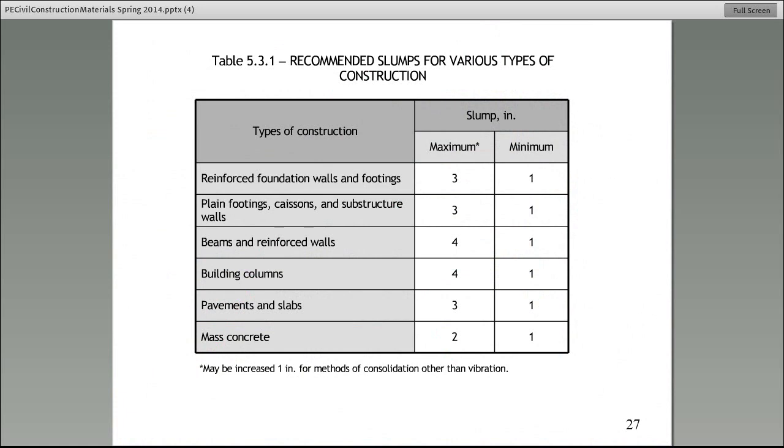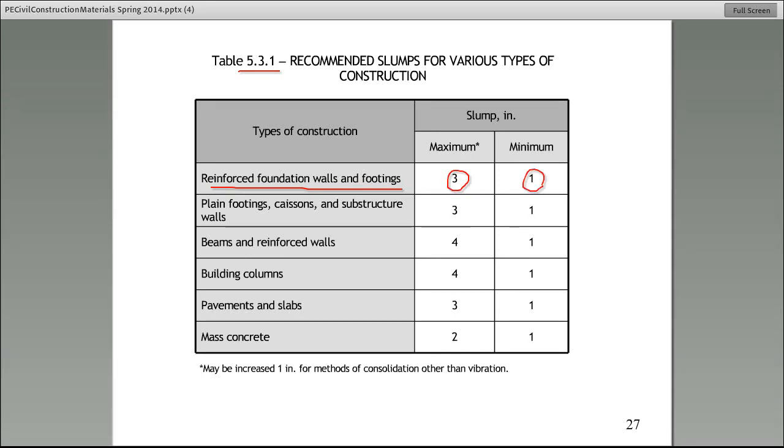method of placement. Now, remember I told you, if they don't tell you what the slump should be, this is how you decide. All right? What they can do on the test, they give you certain parameters like this, and they say, well, what would you specify as a slump? Let's assume that they say reinforced foundation wall and footings. That's what you're designing. Well, based on ACI table 5.3.1, the slump maximum is 3, minimum is 1.